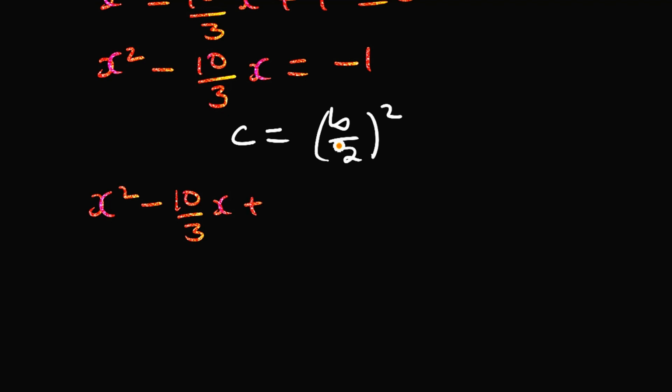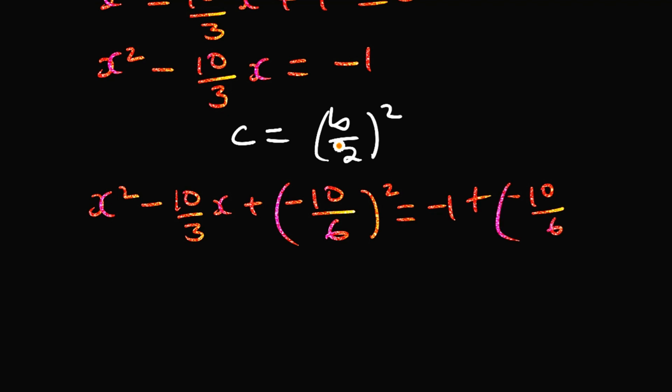Our b is negative 10 over 3. So we take negative 10 over 3, we divide by 2. So that will be negative 10 over 6. Then we square it. And to keep the balance, we do the same to the right hand side of the equation. So we add negative 10 over 6 squared to the right.